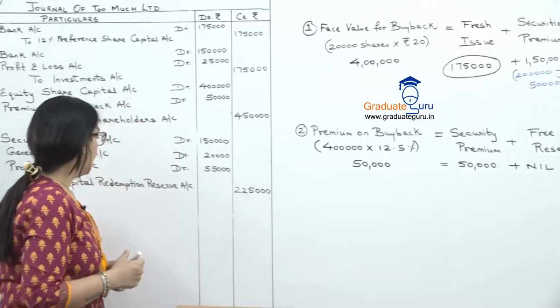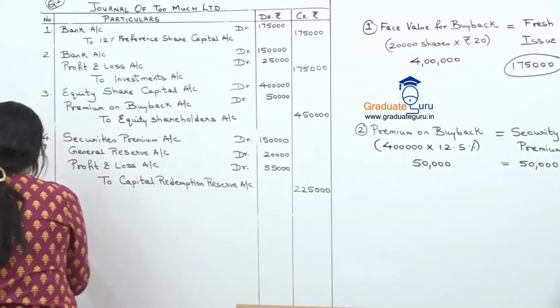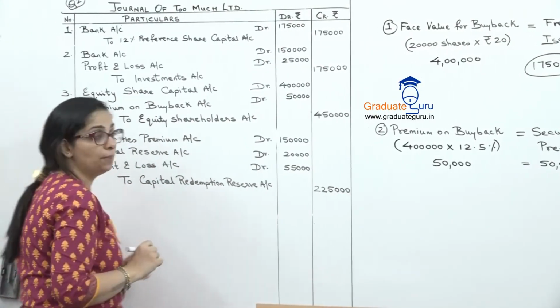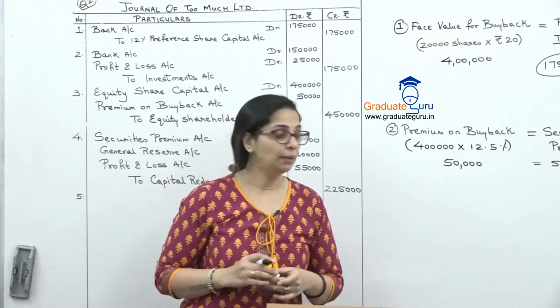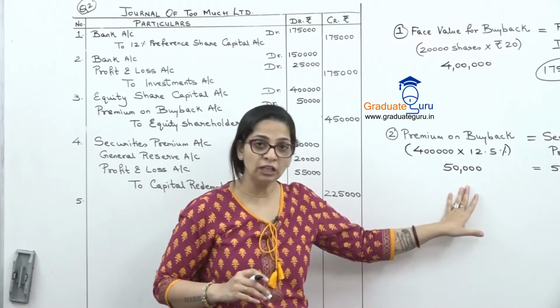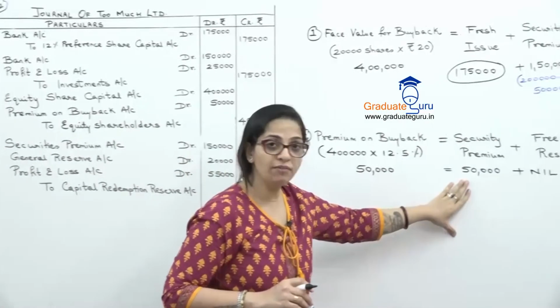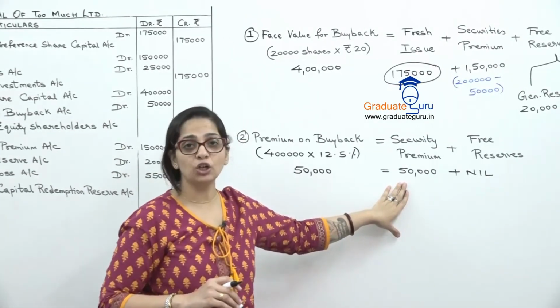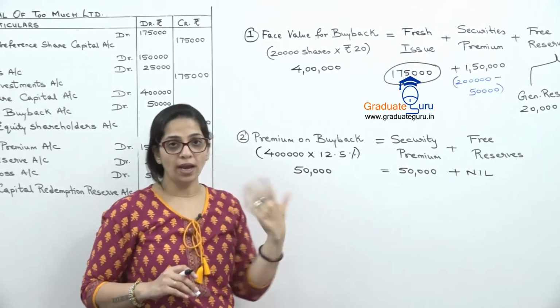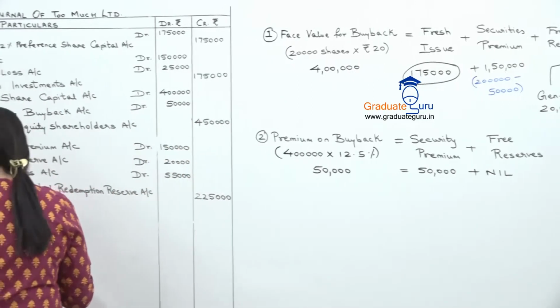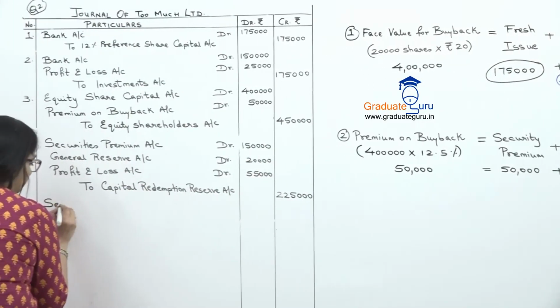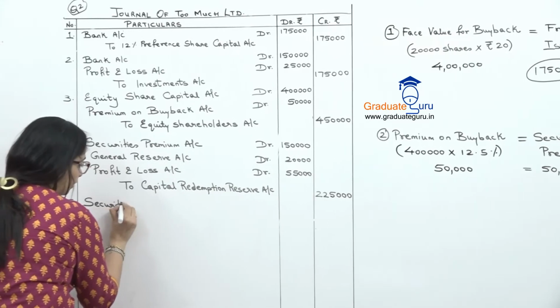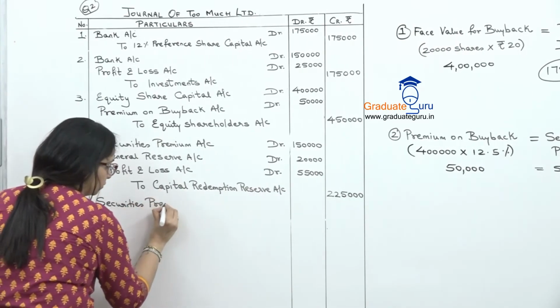Okay. After this, we also have premium. So premium, which we have calculated 50,000, and from where we have used it? Only securities premium account. So entry for that, you are using your securities premium. So securities premium account debit.